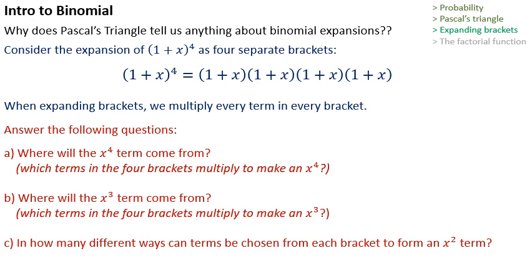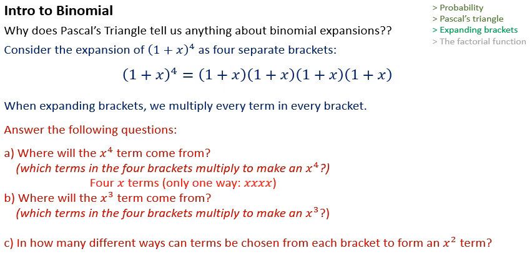Have a think about those questions. See if you can write them down. Perhaps see if you can expand out (1 + x)^4 by thinking of it in terms of 4 separate binomial brackets, and see physically where all the different combinations of numbers come from. Pause at this point and try to answer those questions, and then we'll talk through them together.